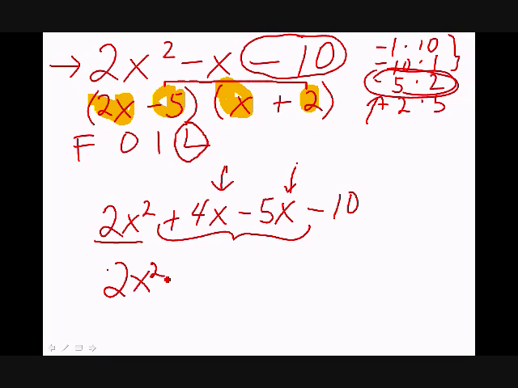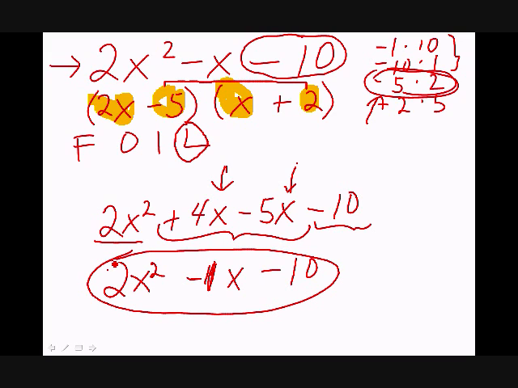Now my two like terms, 4x minus 5x. I'm going to bring the x down, and then figure out what is 4 minus 5. Well, 4 minus 5 gives me a negative 1. So in the middle I have negative 1x, and there's no like term with this negative 10, so I'm just going to bring it down. So now I have 2x squared minus x minus 10.